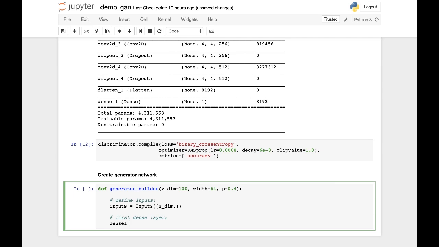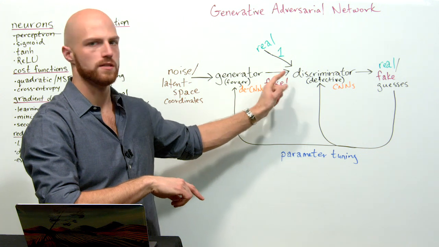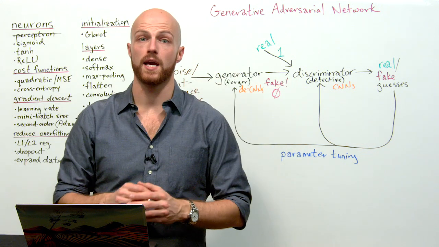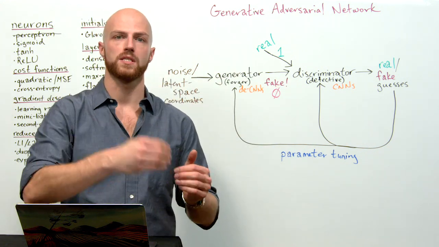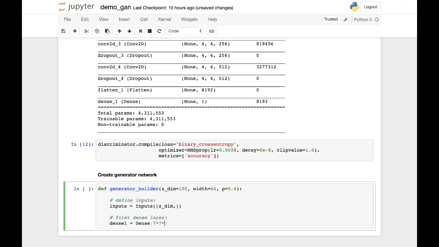We can call it dense 1. It's going to have this 7 by 7 dimensionality. Eventually, by the time we get to the discriminator, the image size will be 28 by 28, thanks to upsampling several times, gradually making this image larger.